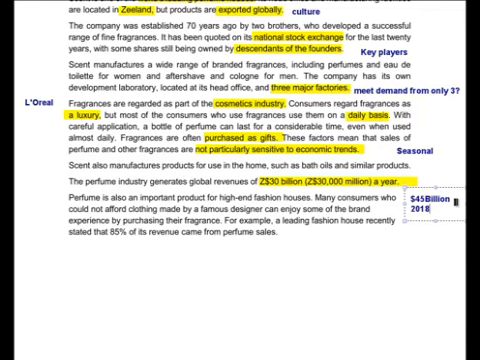So I'll just as well give you a quick breakdown of the regionality of perfume. Currently the US is by far the largest market. It incorporates around a third of all sales.